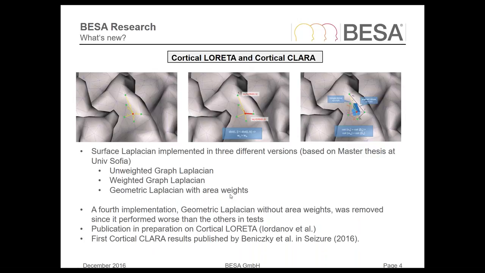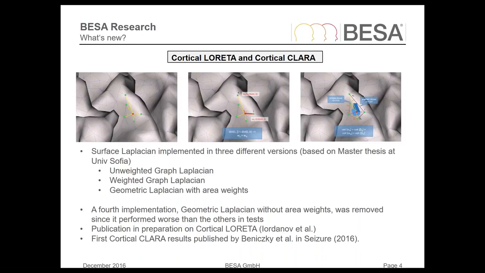And so the cortical Loretta method gives you a wide signal distribution of the cortex, and we are often interested in a focal result. So to achieve that, we implemented the cortical Clara. Cortical Clara takes a cortical Loretta as an input, and then it proceeds iteratively. In each iteration, the source space is reduced.